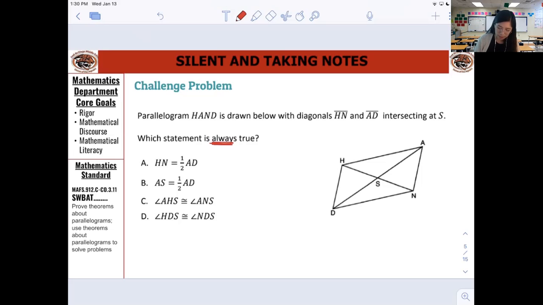First statement is saying HN is 1/2 of AD. True or false?